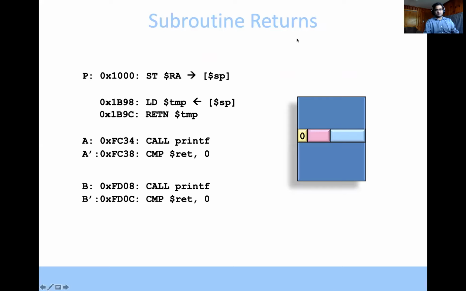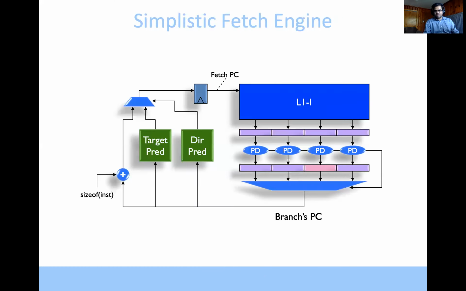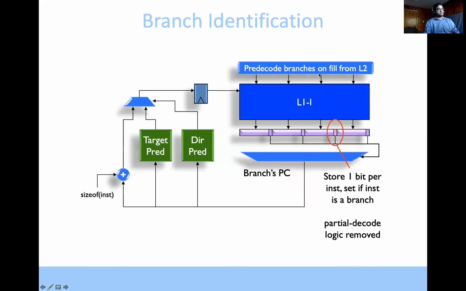We looked at a bunch of different ways of organizing branch prediction. We looked at how to predict if a branch exists in a cache line. You use some kind of partial decode in the L1 cache. One way to speed that up would be to do the partial decode when you're filling in from L2.